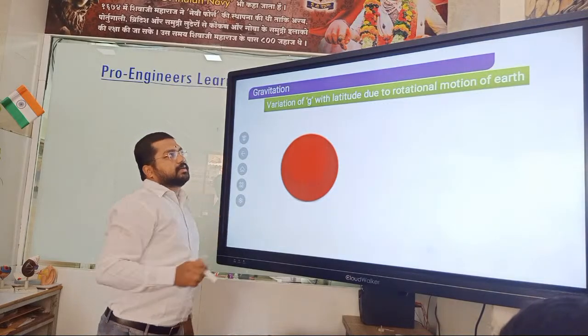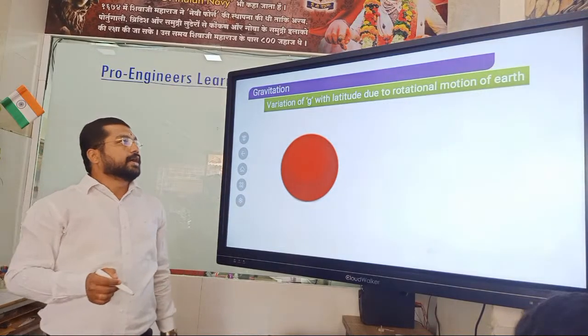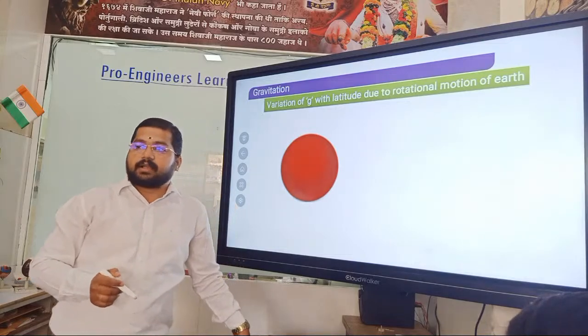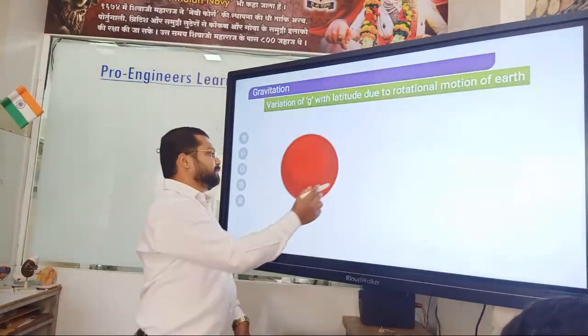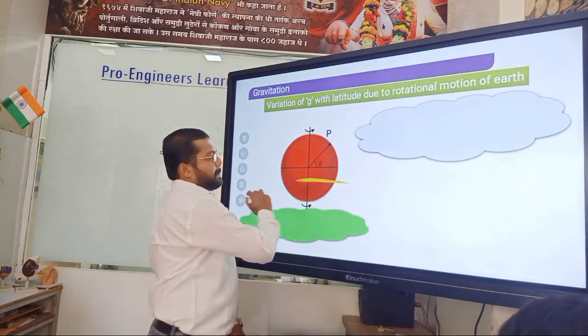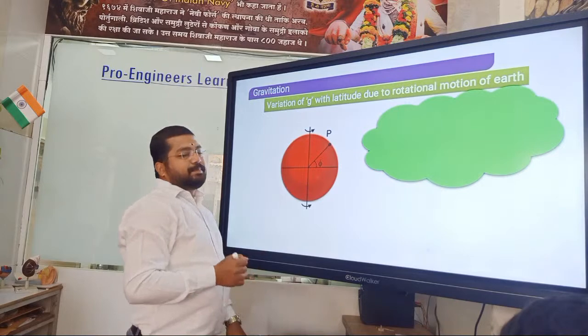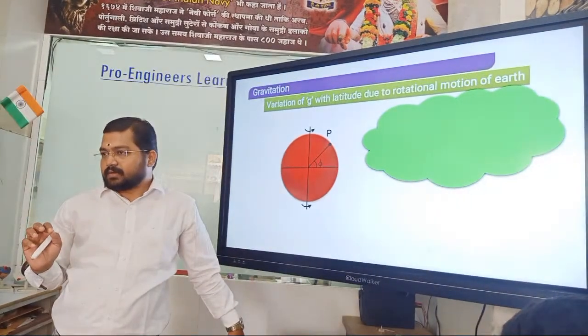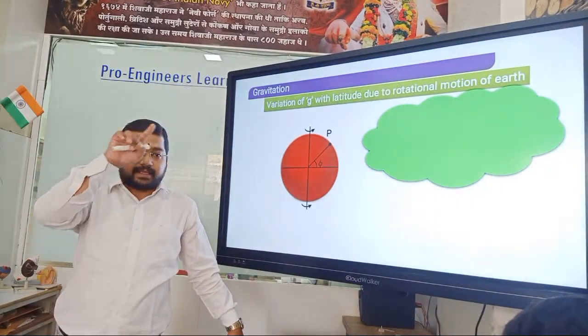Variation of g with latitude due to rotational motion of Earth. New topic, right? Now the point P is considered on the circumference.